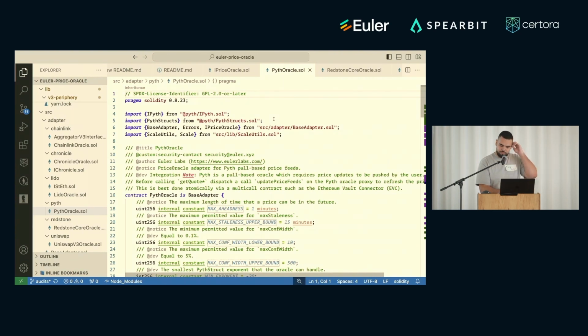And so, just to set the stage, how pool-based oracles work, I assume you're all familiar with how something like Chainlink works.